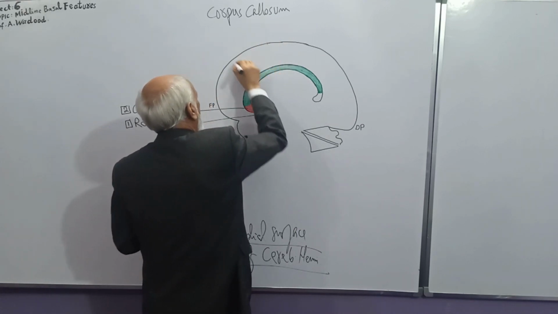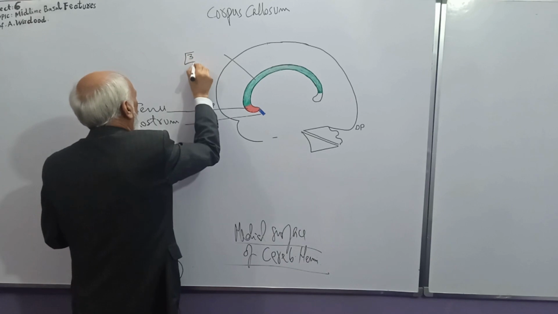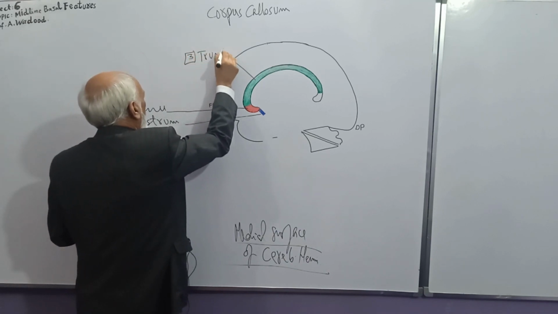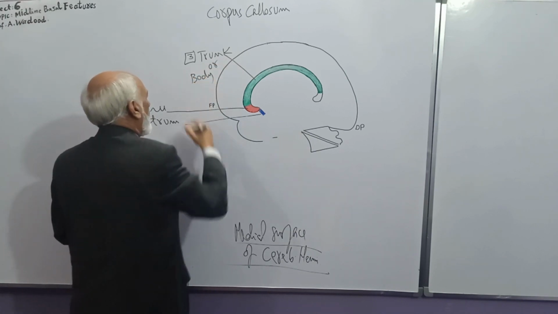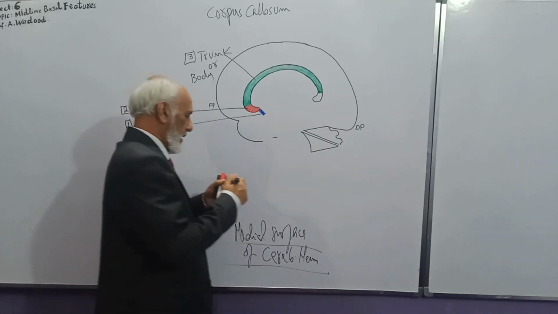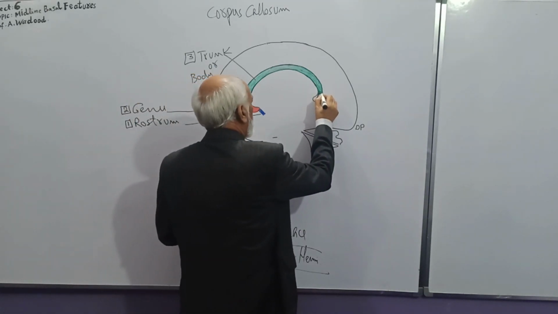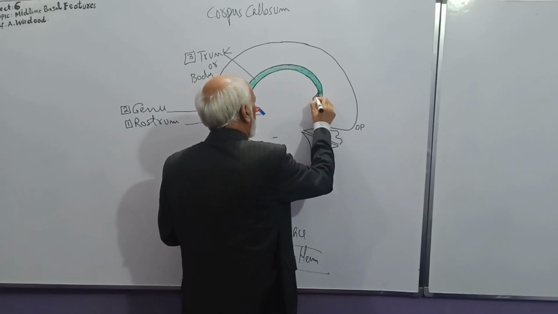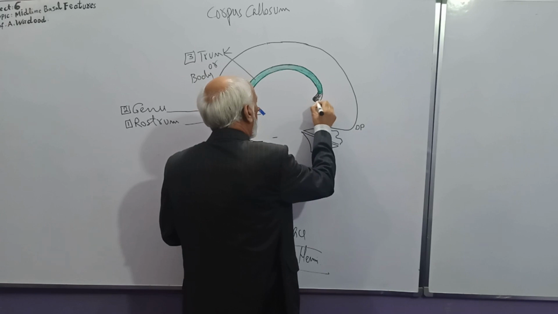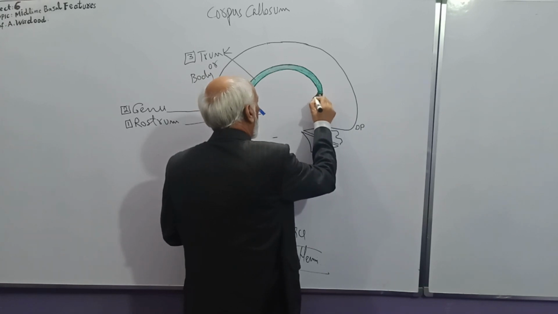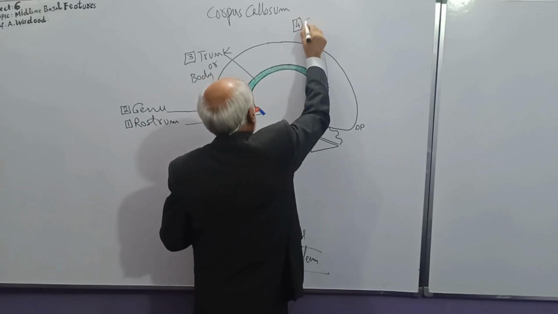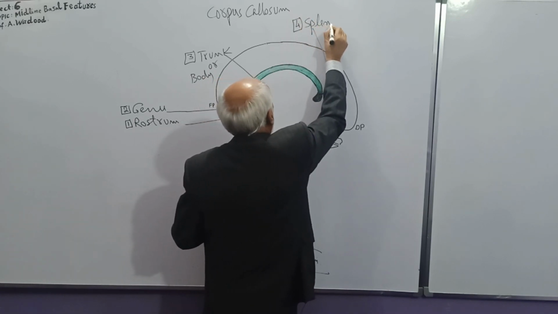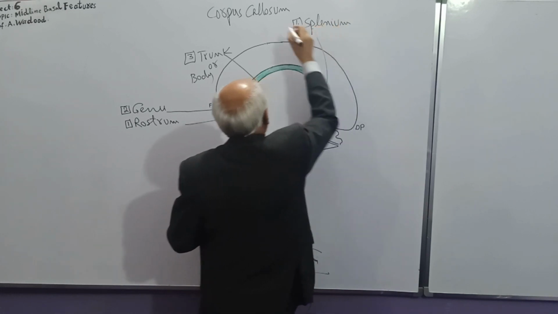Then this expanded posterior end of the corpus callosum is known as the splenium.